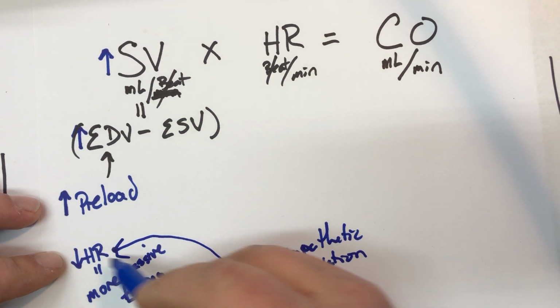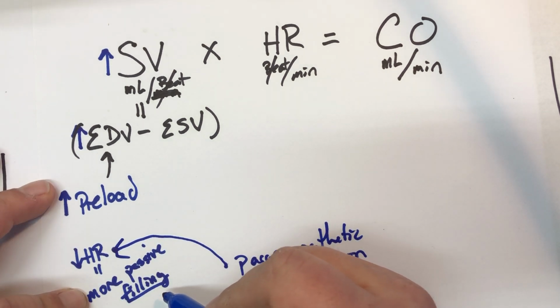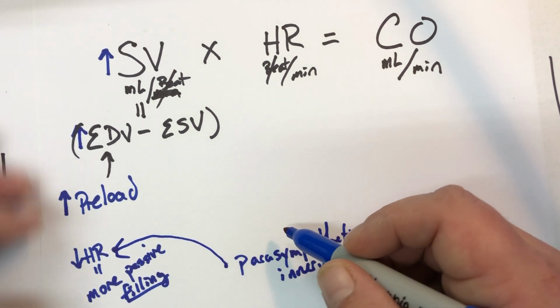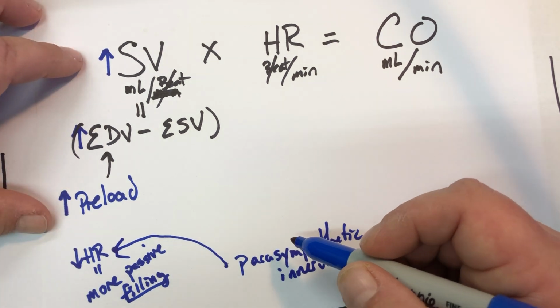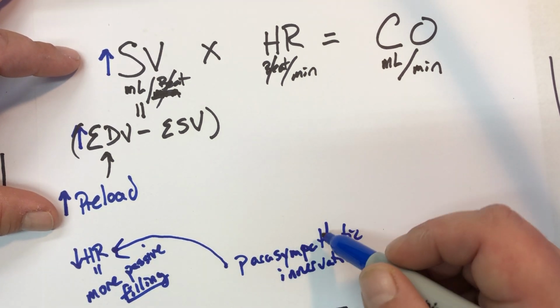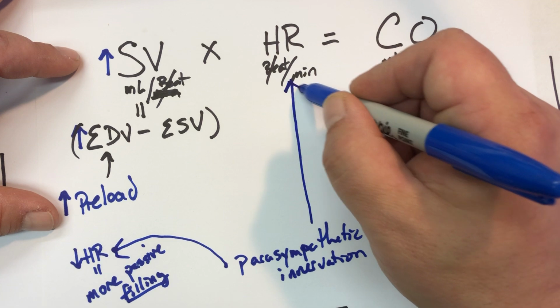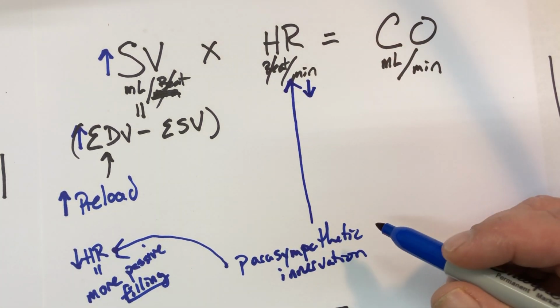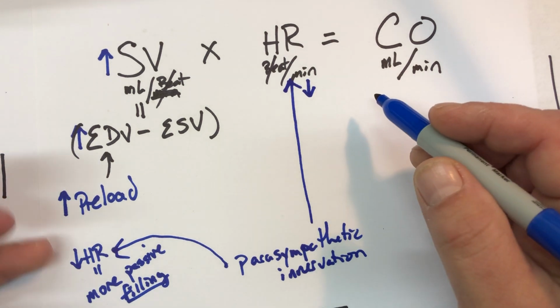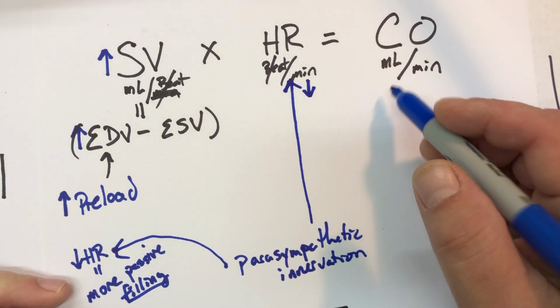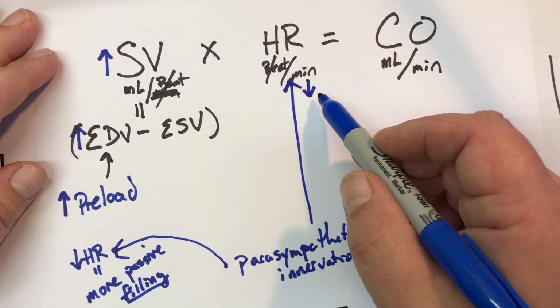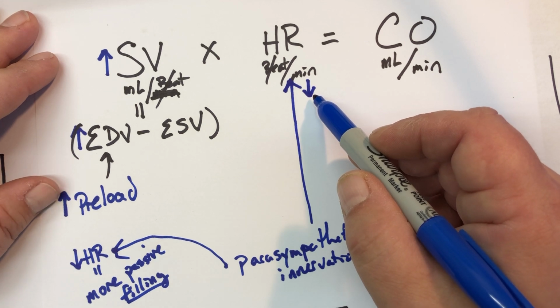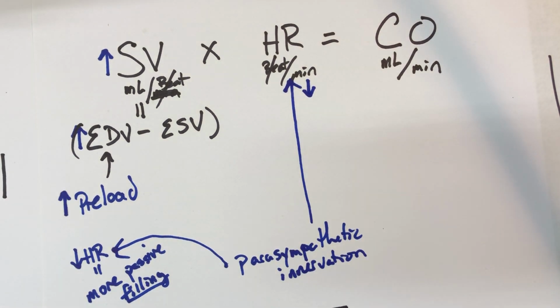Parasympathetic innervation is decreasing the heart rate, which gives us more passive filling, which increases preload, which increases EDV, which increases stroke volume. However, parasympathetic innervation will decrease heart rate. And so, what is the effect of more passive filling on cardiac output? Depends on how low heart rate is because of that parasympathetic innervation.